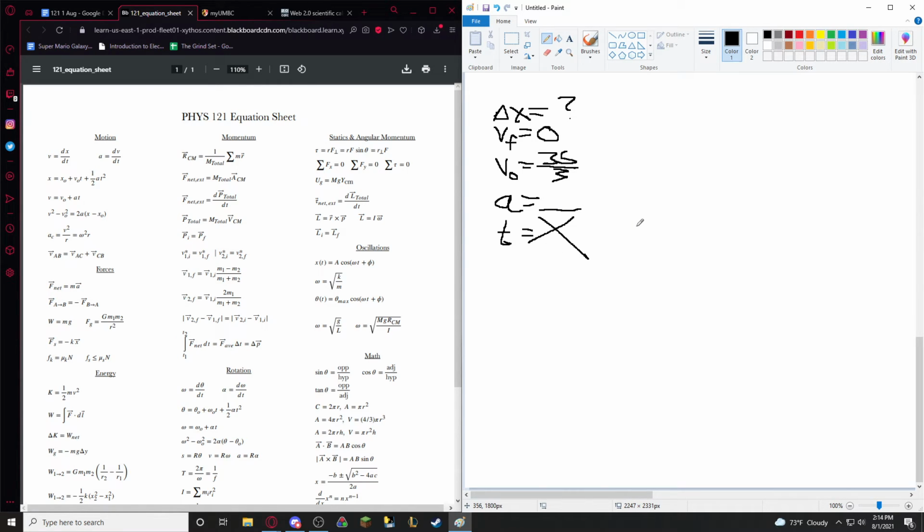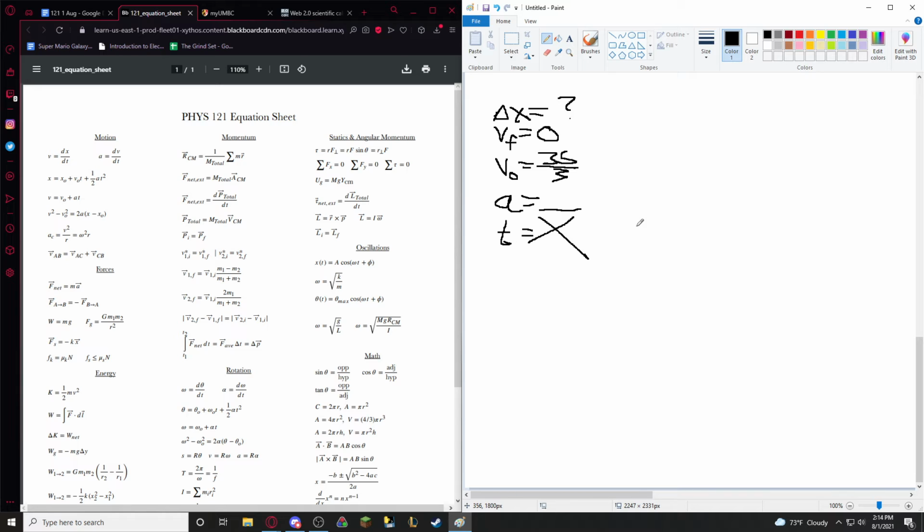Do we know what the acceleration is? We don't know what it is at the initial point. I'm sure we could figure it out. How could we find the acceleration? I feel like you could use the force equation.